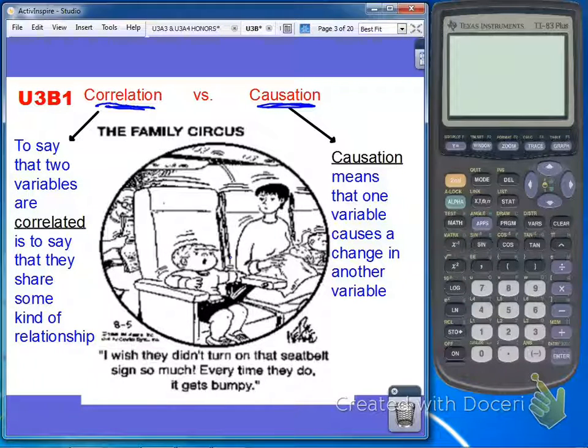He thinks that it's causation. He puts the seatbelt on, and then because he put the seatbelt on, the ride got bumpy. But it's not causation. It's just that there is a relationship that every time he puts the seatbelt on, it gets bumpy. It just so happens to be that they're going through turbulence.